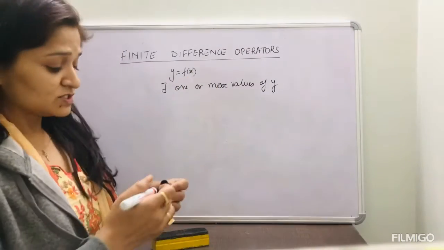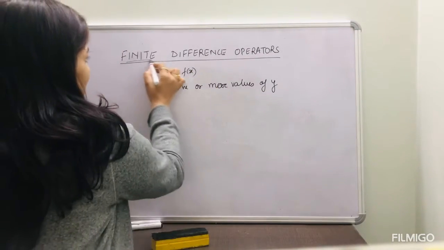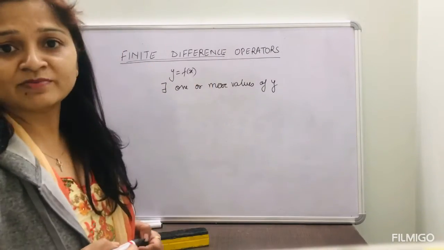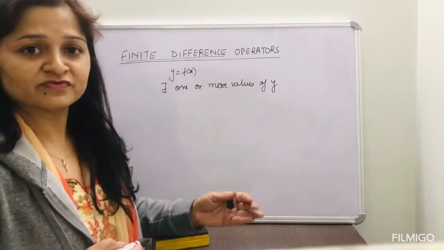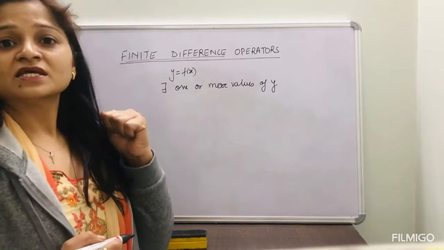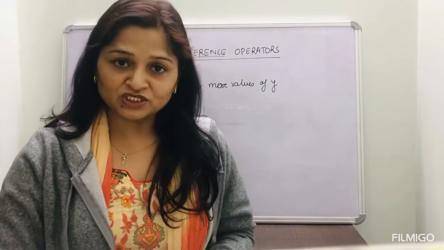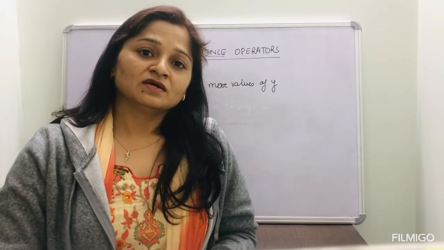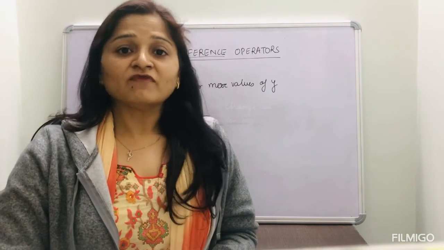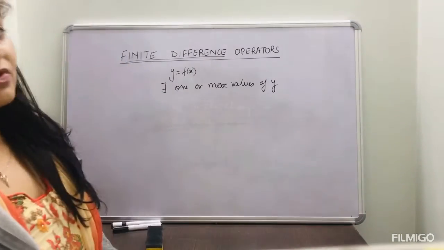Clear? Now since our topic is finite difference, we shall be talking about operators afterwards. What is finite difference? The calculus of finite difference deals with the changes in the function with respect to the value of the independent variable.